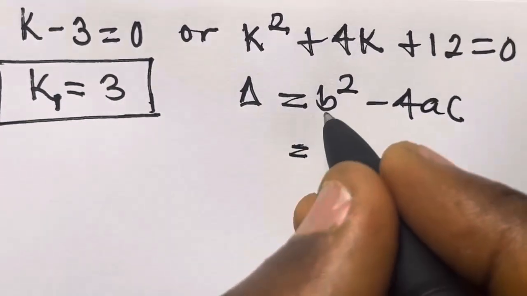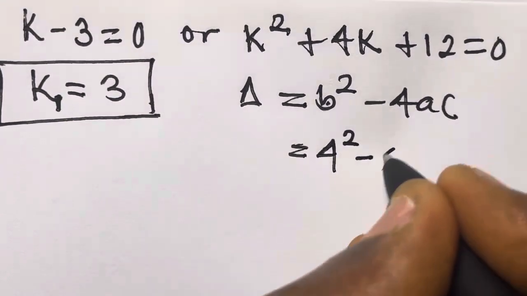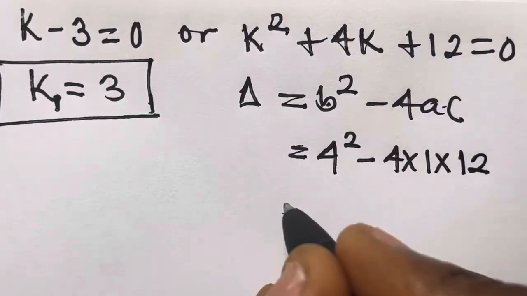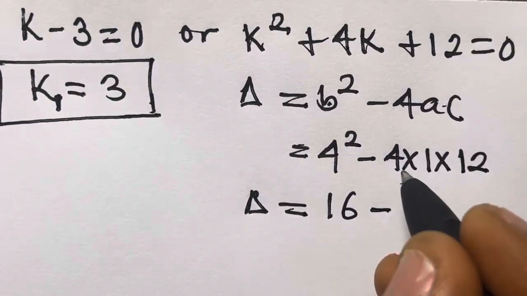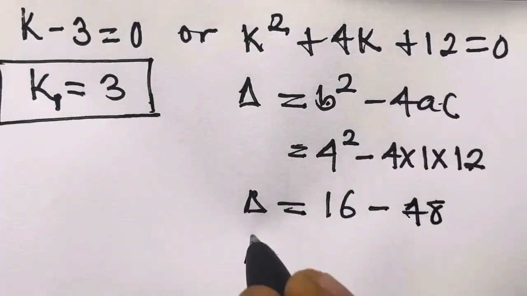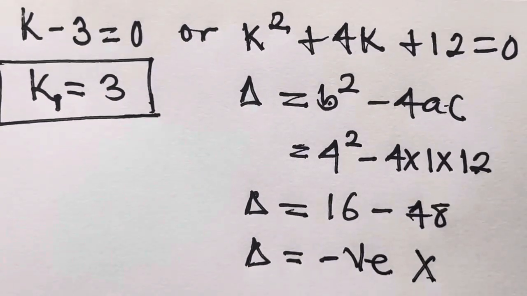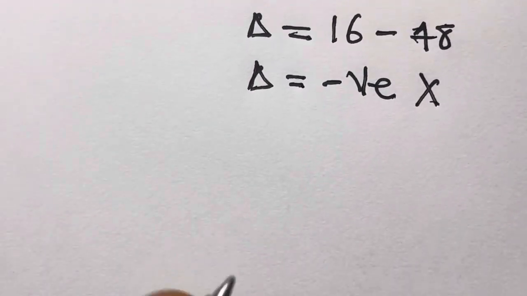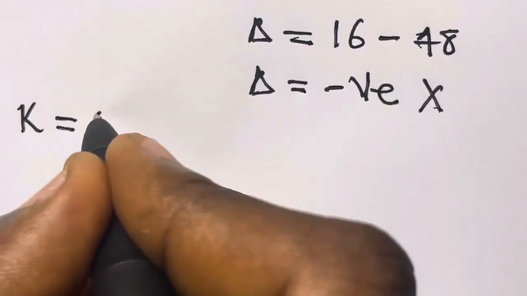What's our b? It's 4. So we have 4 squared minus 4 times 1 times, what's our c? That is 12. So delta equals 16 minus 4 times 12, that is 48. You observe that this delta is negative, so we have to reject this. So we proceed with k equals 3.